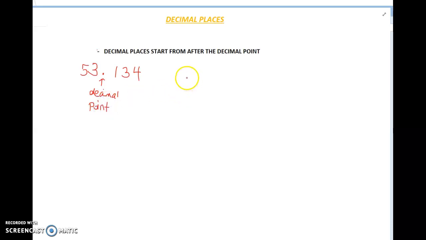Right? And now let's identify. I'm just going to write over the number here a little bigger and a little spaced out. So here we have the decimal point. It starts from after the decimal point. Therefore, this one here represents the first decimal place.